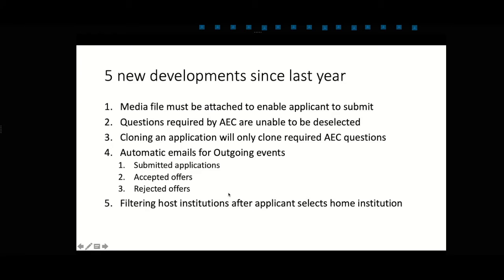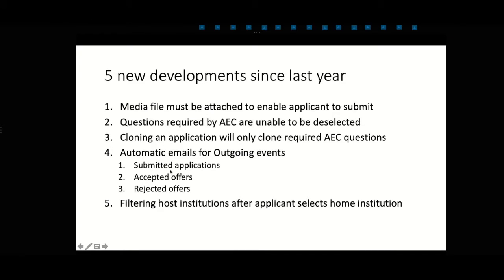There are now 3 automatic emails for outgoing events. That's one thing about our journal. The journal is only for incoming events. It's from the perspective of an incoming administrator. Sometimes there are reasons for you to want information about outgoing events, and we couldn't make a new journal, but we were able to make the system send out emails for 3 different events.